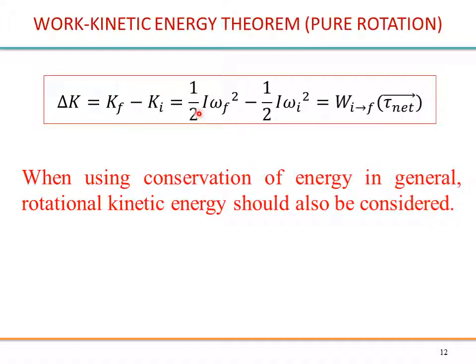It will be written in this way, with omega f for final and omega i for initial, and it will be equal to the work done by the net torque from initial state to final state. So when using conservation of energy in general, rotational kinetic energy should also be considered in your calculation.